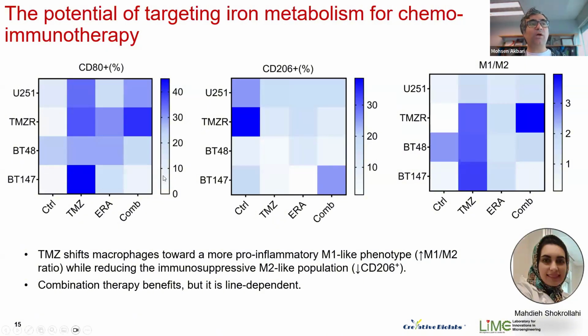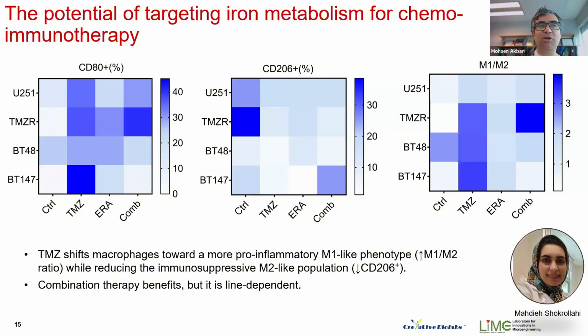One thing we observed was that temozolomide itself clearly shifts macrophages towards a more pro-inflammatory M1 phenotype, and reduces the immunosuppressive M2-like population, something that has also been reported in the literature, that chemotherapy and also radiotherapy can generate a more pro-inflammatory environment. They could be beneficial for immunotherapy.